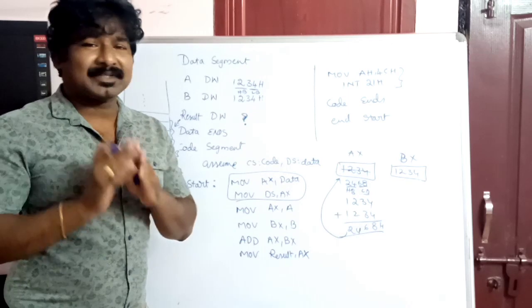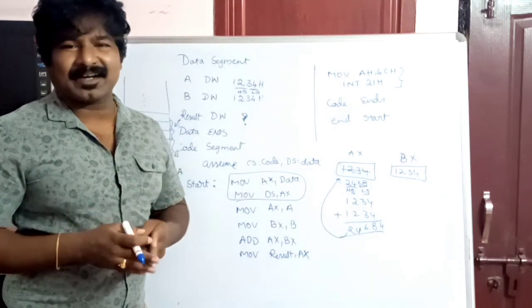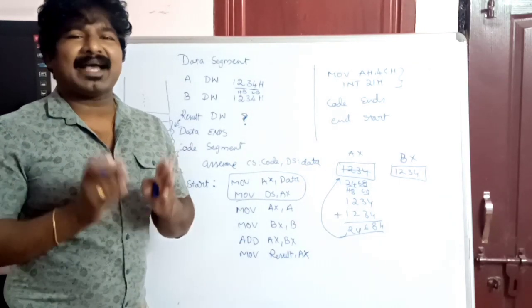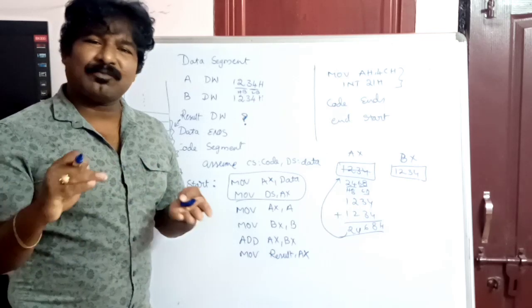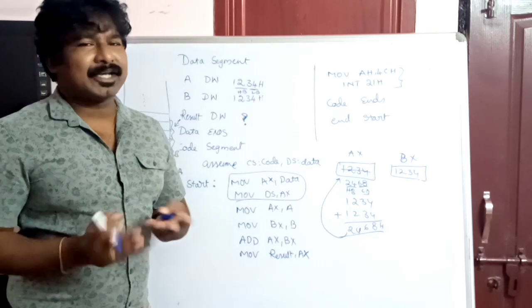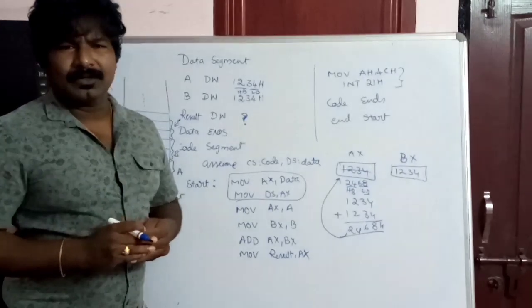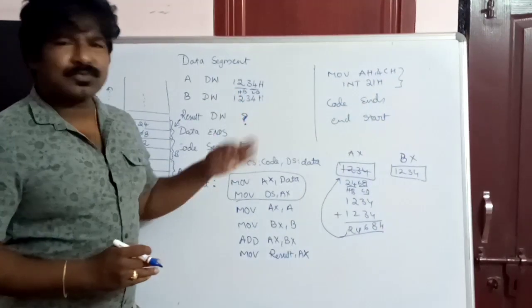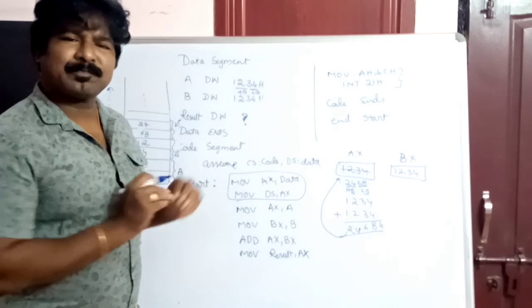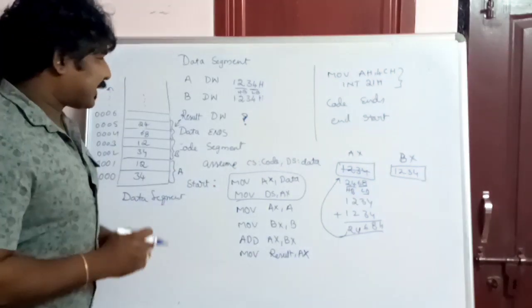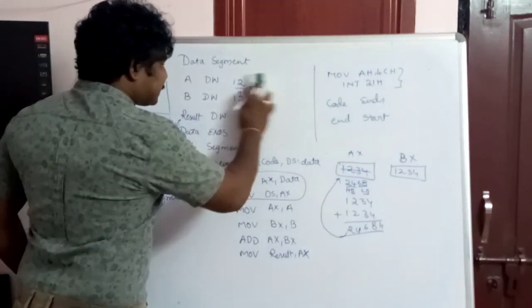You cannot discard or ignore the carry value, because only with the carry will your complete sum be represented. So what changes do we have to make to this program? For example, let me take two numbers.